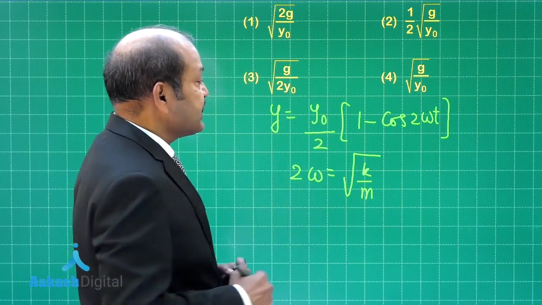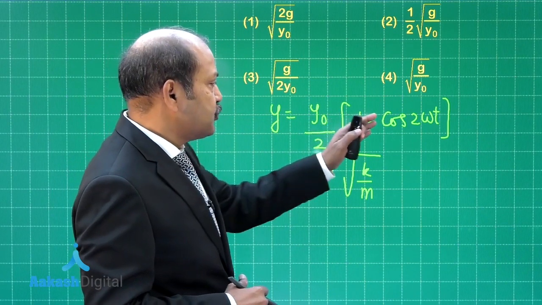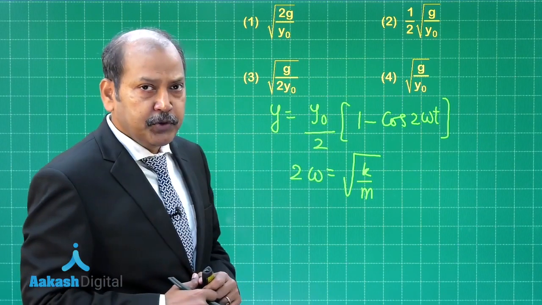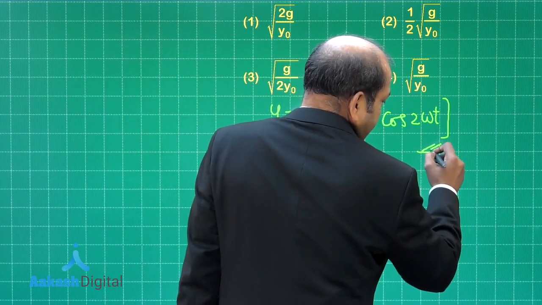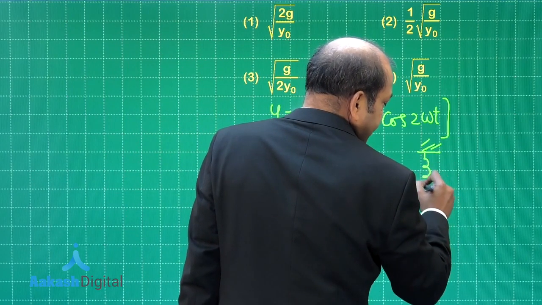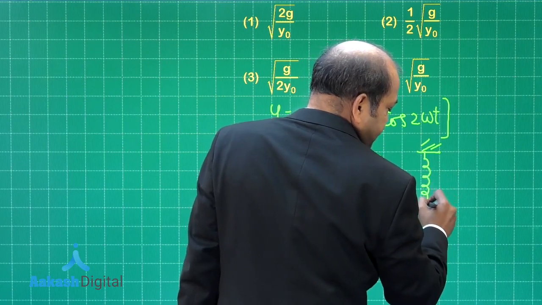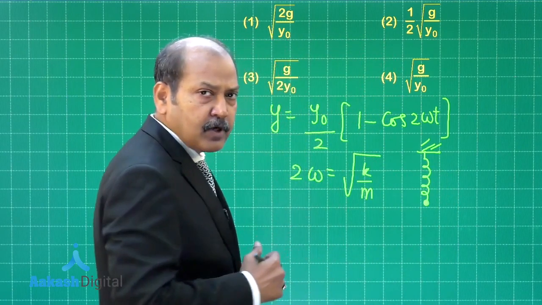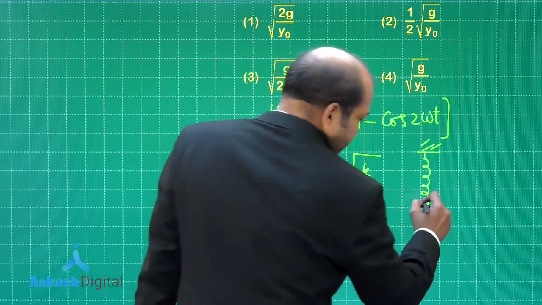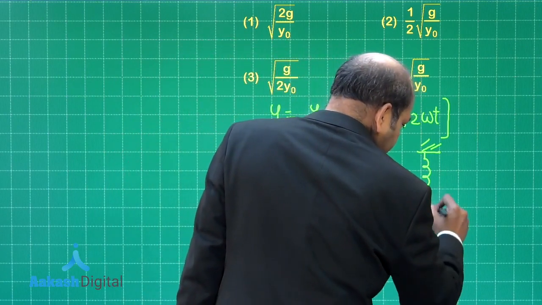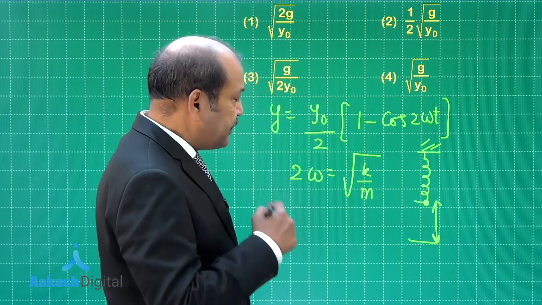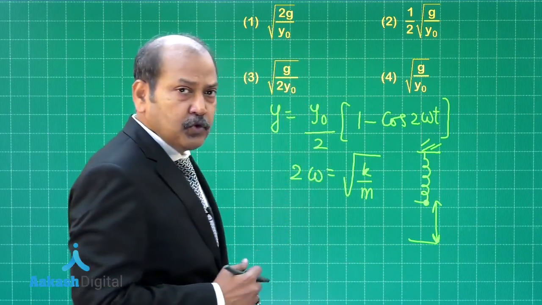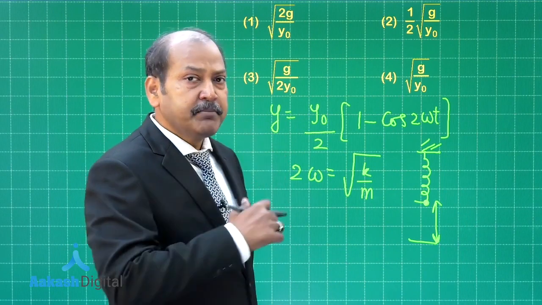We also notice that the amplitude of oscillation is y naught by 2, and remember, if we show the situation with the help of this diagram, this was the initial position of the particle when the spring was unstressed. It will go to a maximum distance of 2 mg by k. The amplitude, which is y naught by 2, is equal to mg by k.